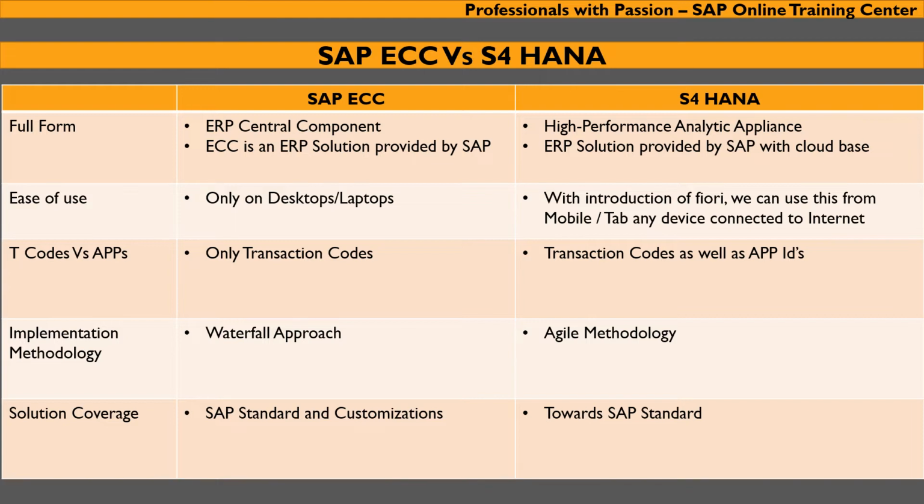Here we don't use any other apps. In S4 HANA, we have two features. SAP GUI provides the option to use transaction codes, and Fiori gives the option to use app IDs.